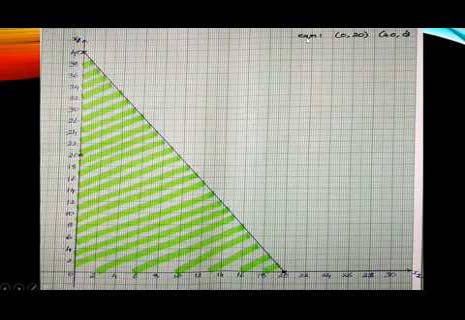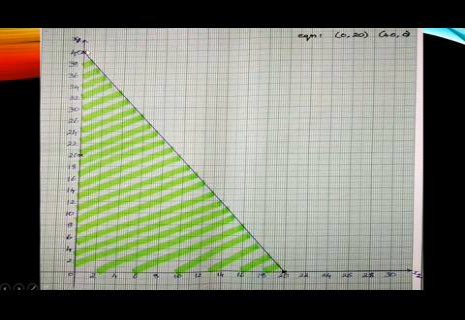The first equation coordinates were 0, 20 and 40, 0. 0 along x1 and 20 along x2. This will be the point. Then 40 along x1 and 0 along x2. This will be the point.